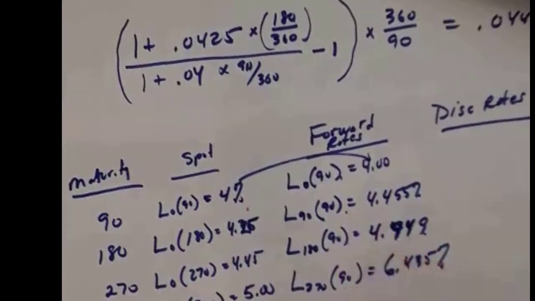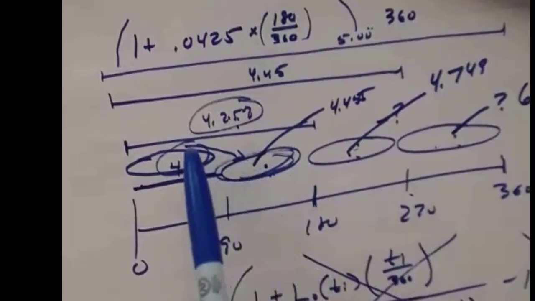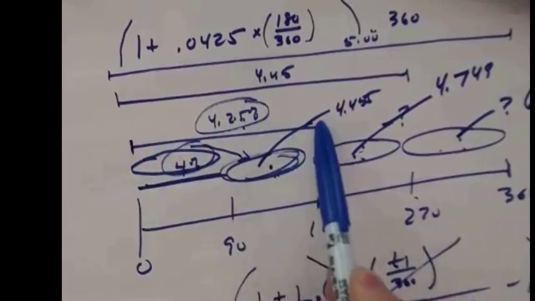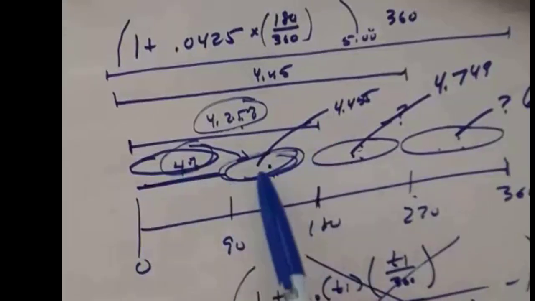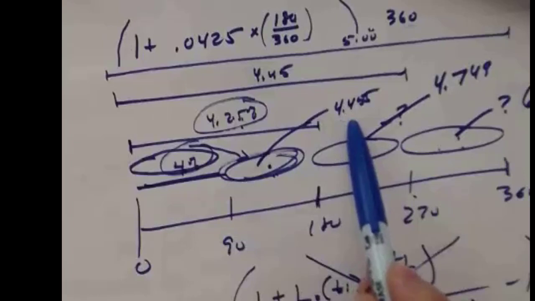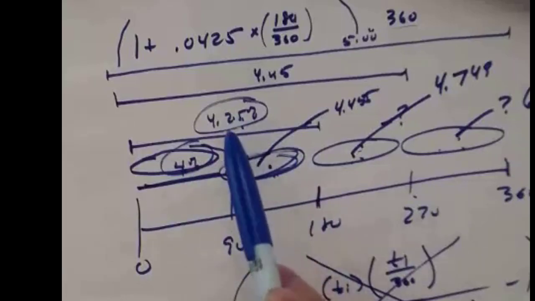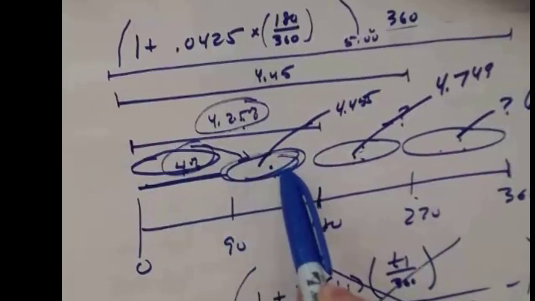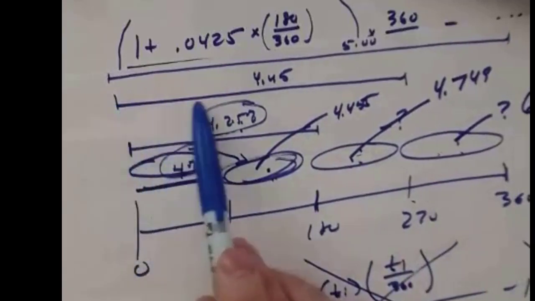What I mean by that is, go back to this graph. What we just did mathematically is make ourselves indifferent between this 6-month rate of 4.25 and investing our money at 4% for the first 90 days and rolling it over at 4.455% for the next period. It's arbitrage free. We're indifferent between investing for 90 days and rolling it over for 90 days, or just locking our money up for 6 months. The same thing applies with the other rates.